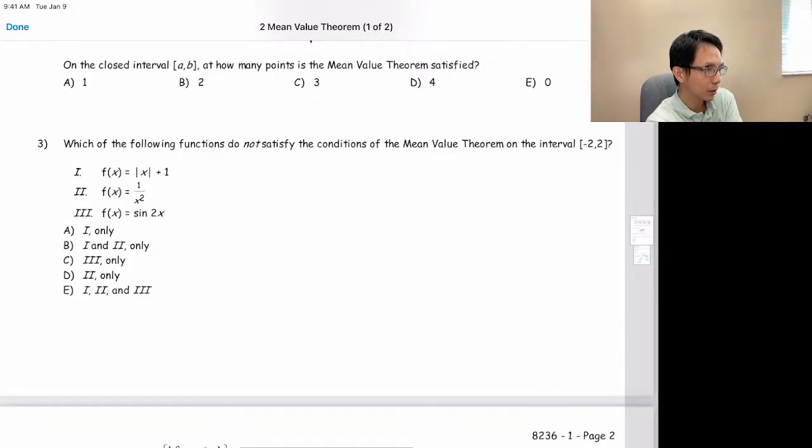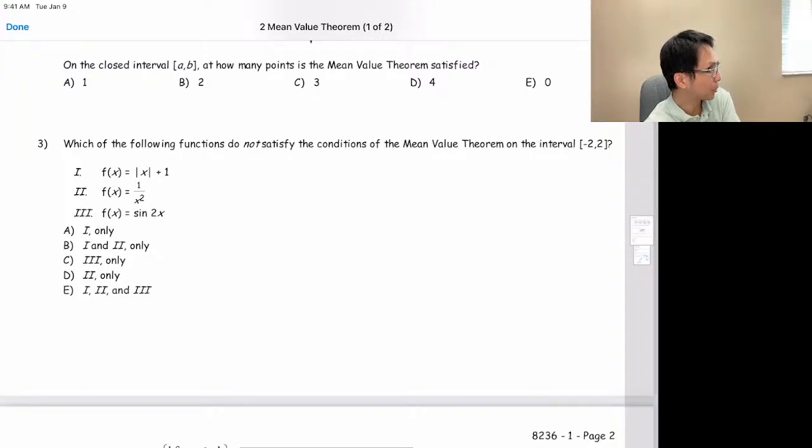Nicole first. A, because your sharp turn is an absolute value. Okay. Connor says different. I think B doesn't work either because it doesn't exist at 0. There was an asymptote.